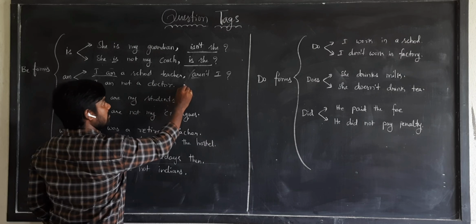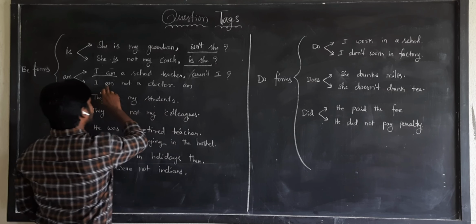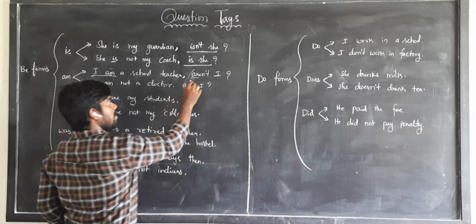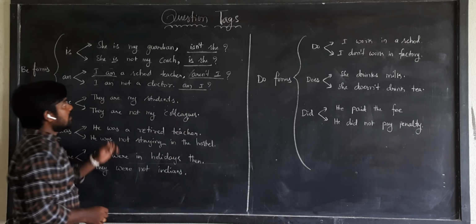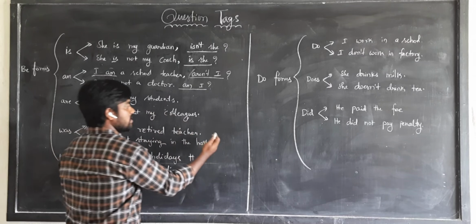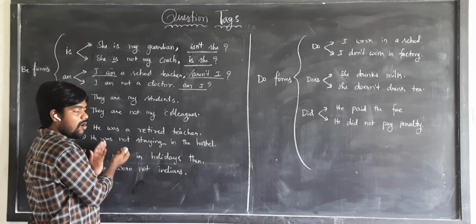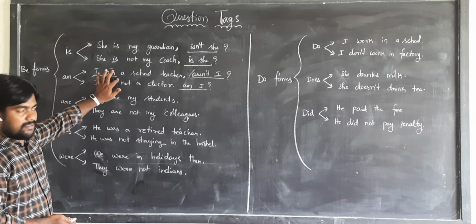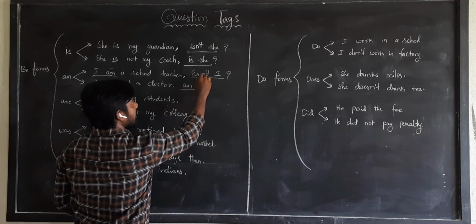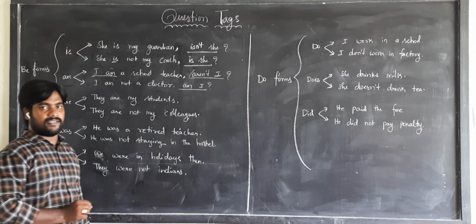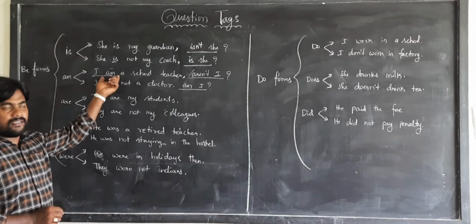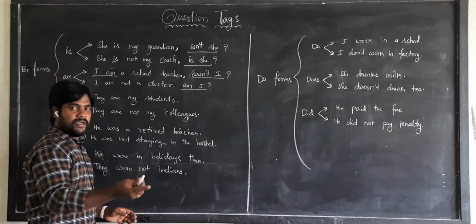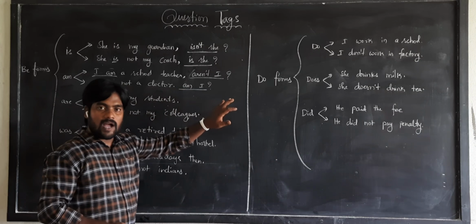In the negative formation, we don't take are, only we take am. So remember, every auxiliary verb will start a question tag with the particular auxiliary verb only, except I am. Only here we take are as a question tag. So please do keep that in your mind. But in the negative statement, it doesn't take are, only am. For example, I am not a doctor. Am I? Yes.